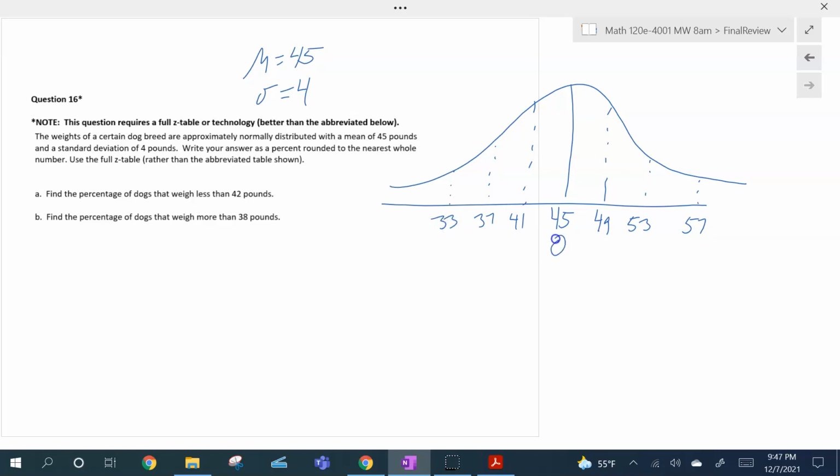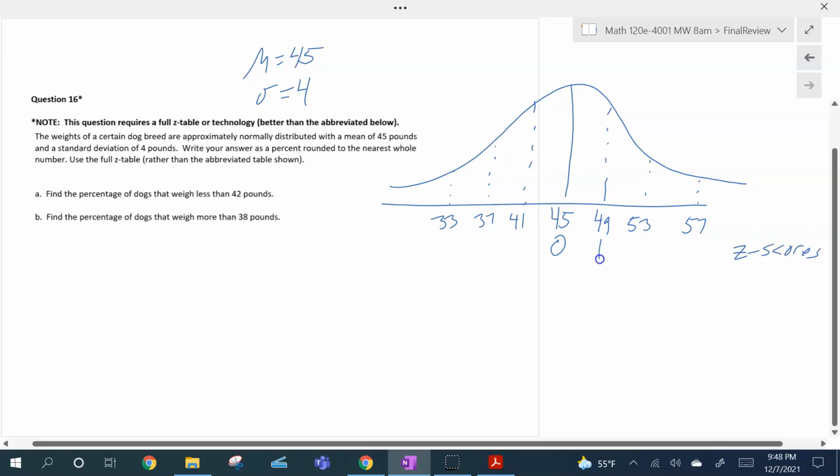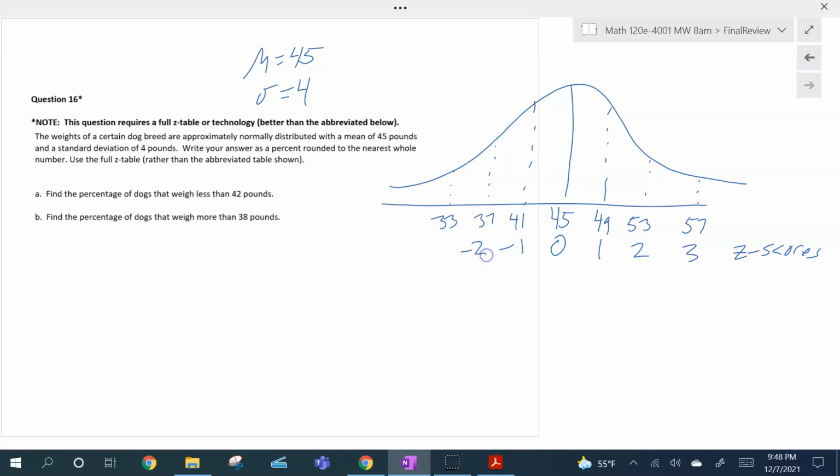So that would be a z of 0 standard score. So I'm going to put the z scores: 1 standard deviation above, 2 standard deviations above, 3 standard deviations above, 1 below, 2 standard deviations below, 3 standard deviations below. Find the percentage of dogs that weigh less than 42 pounds.